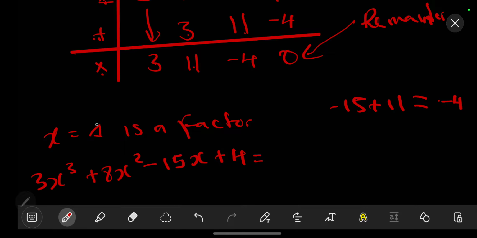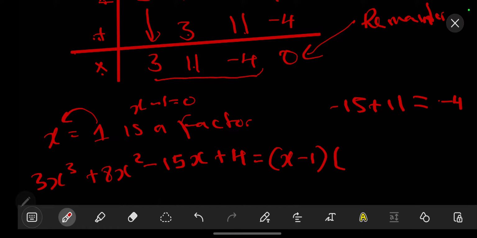If x is equal to 1, it means it can be taken here, so we are going to have x minus 1 equal to 0. If x is equal to positive 1, it can be taken to the other side to become x minus 1 is equal to 0. So this is what we are going to write, x minus 1, then multiply by whatever you get here.